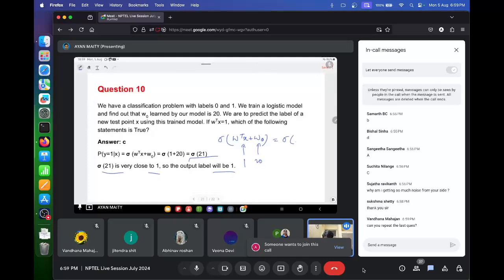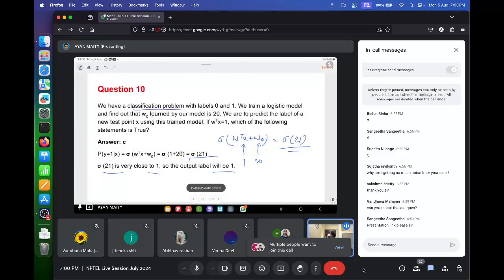So sigmoid of 21 is the output of the sigmoid neuron, and it is very close to 1, not exactly 1. So the output would be 1, because in a classification problem the output of the neural network is either 0 or 1.